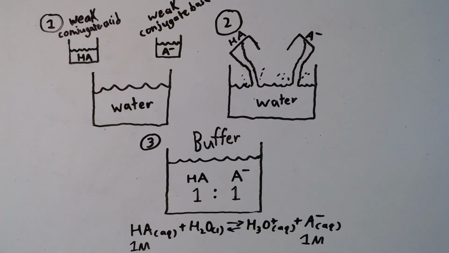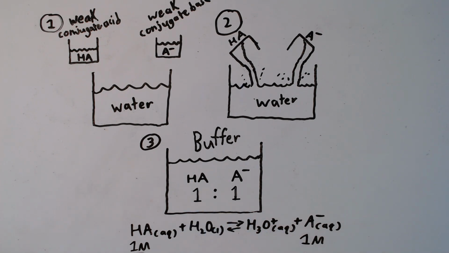I'll show you. Usually, buffers are solutions of a weak acid, so in this case HA is a weak acid, and a weak base, the weak conjugate base of that weak acid, represented by A-. So the weak acid and its weak conjugate base. And they're in roughly equal concentrations in the solution.